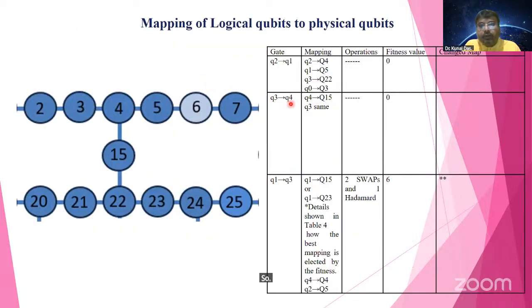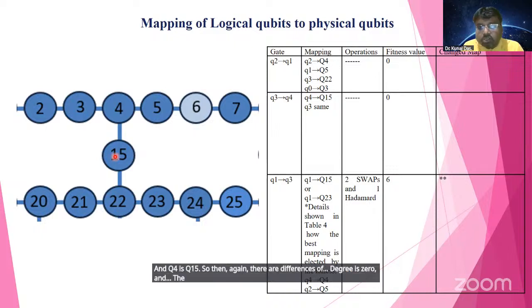So I need to choose one qubit for that, and I choose Q4, because Q3 and Q4 are the same in the logical. So I consider that Q3 is Q4 and Q4 is mapped with Q15. So then again their difference of degree is 0 and the swap count is also 0. No operation needed.